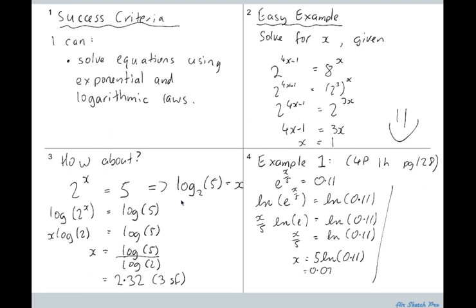Negative 0.0. Just check at the back of the book, because I'm worried my calculator's being a bit shortened in the way it's saying it. So 0.00739 to 3 significant figures.